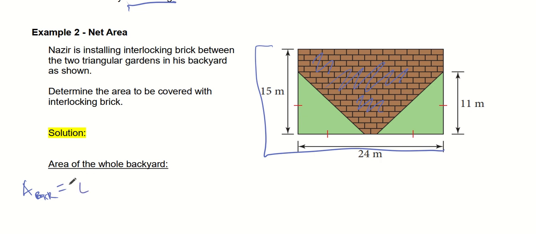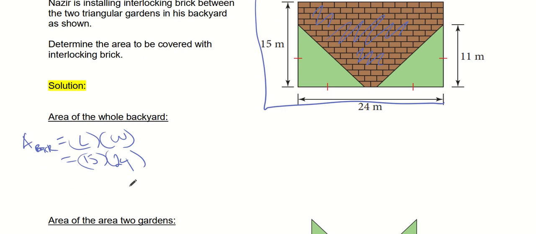That's going to be length times width, which is 15 multiplied by 24. And that will be about 360 meters squared. So that's for the whole backyard.